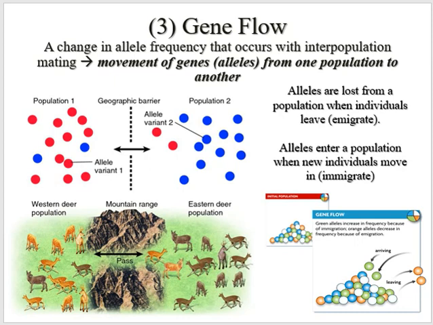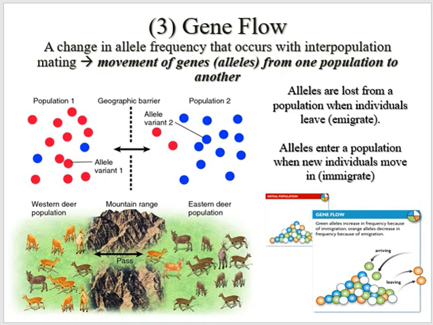So migration. Migration is when individuals move either into or out of a population. In an evolutionary sense, we're talking about this as far as microevolution. Migration deals with the movement of alleles between populations. Naturally, alleles don't move by themselves.